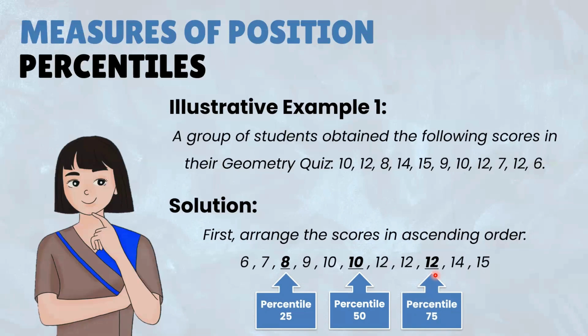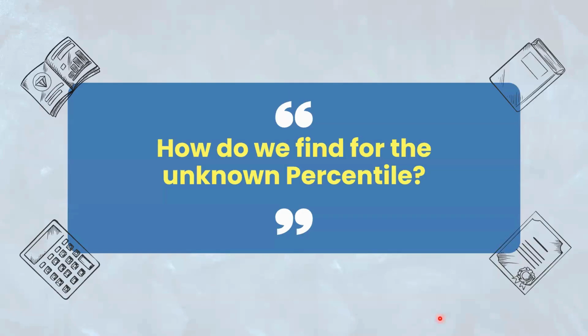As you can see, percentile 25, percentile 50, and percentile 75 divide our data set into 4 equal parts, just like how its corresponding quartile values do. So in the previous example, it's easy to locate percentile values because, again, we only have 11 values.